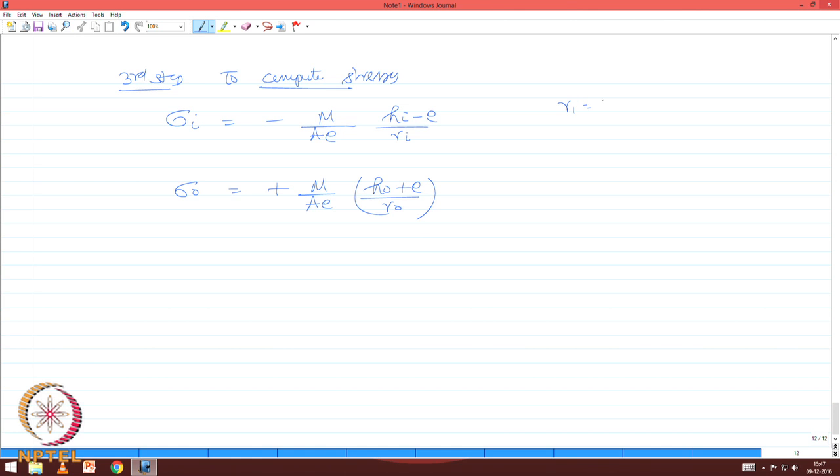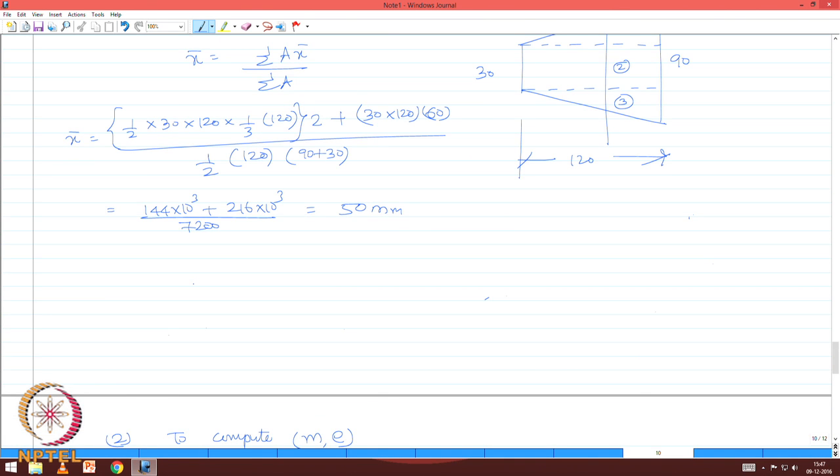RI is nothing but R1 and RO is nothing but R2. Interestingly, the sign convention for moment. We already know that. In this case, look at this figure carefully.